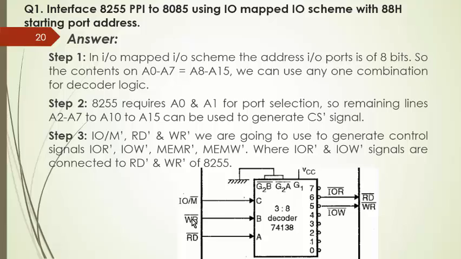And as we are discussing the writing operation, during the write operation the write bar signal goes to logic 0 and read bar to logic 1. So we get the bit pattern 1, 0 and 1. So 1, 0, 1 means 5.